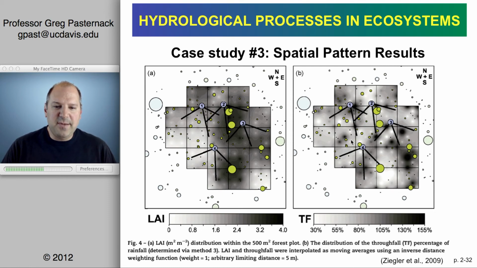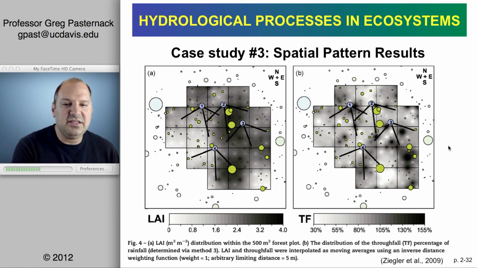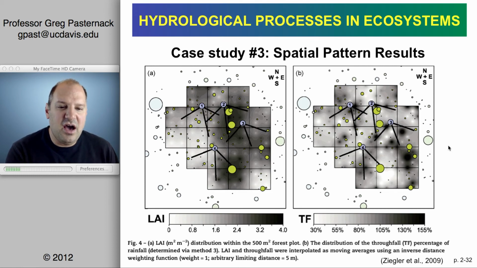So we can look at these spatial patterns, and you can see it's highly splotchy. I mean, each one of these dark circles represents probably an individual gauge, and so you have to have some way of interpolating from one gauge to the next, to the next, to the next. And that's a whole branch of science known as geostatistics.